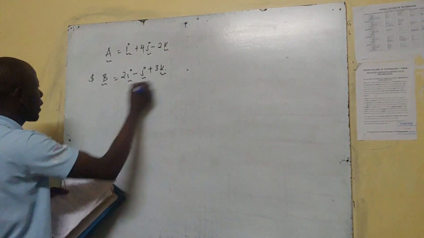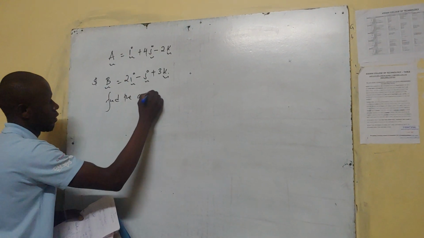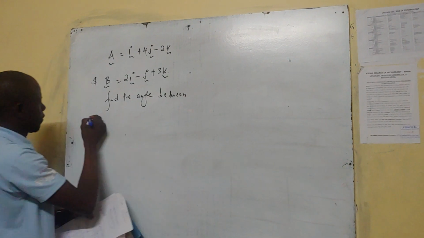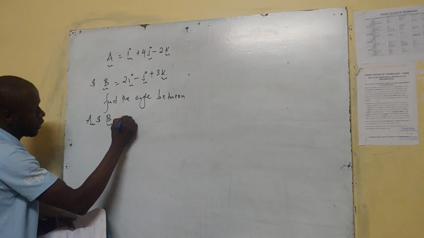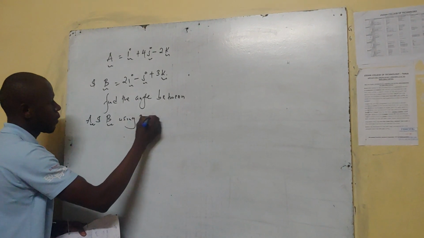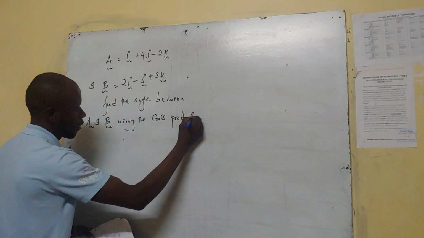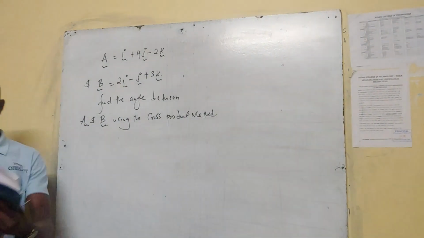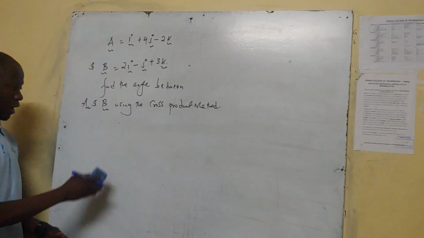Then we are told to find the angle between vectors A and B using the cross product method.